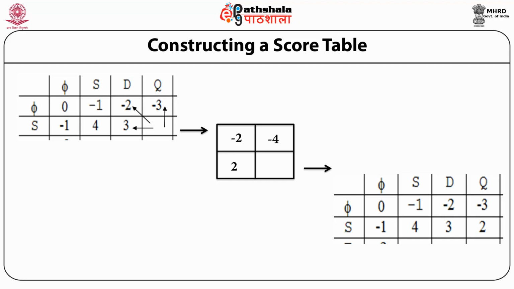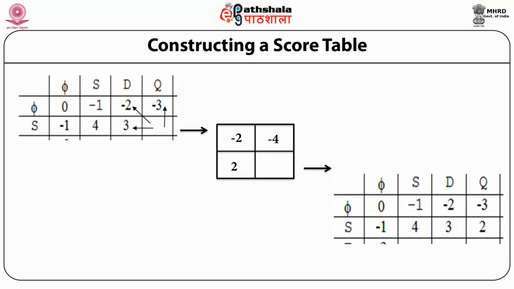Now we'll find the score of aligning S in the vertical sequence with Q in the horizontal sequence using the BLOSUM 62 matrix. The score is 0, therefore we'll add this 0 to the number in the cell diagonally up on the left side. This cell presently contains -2, therefore adding 0 to -2 results in a total of -2.